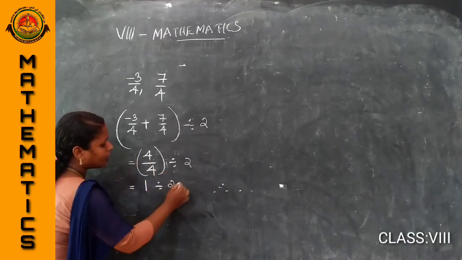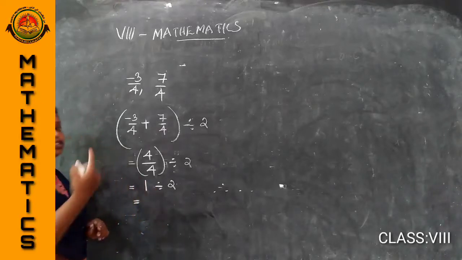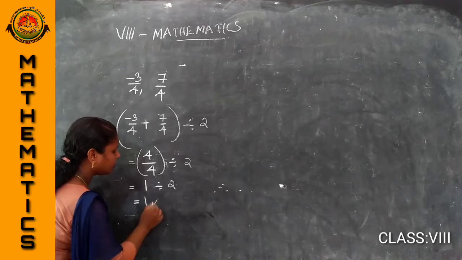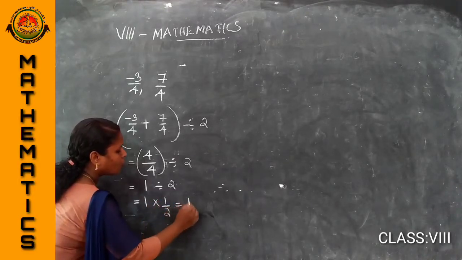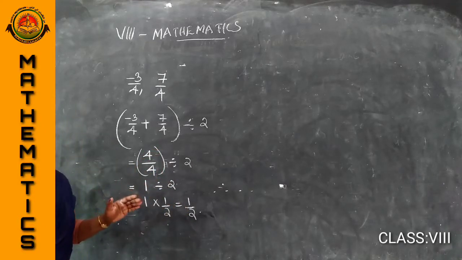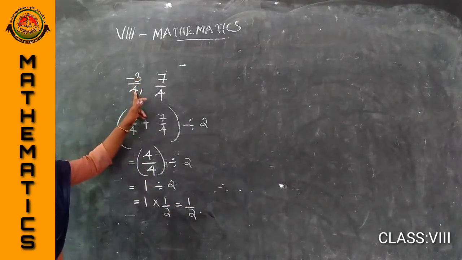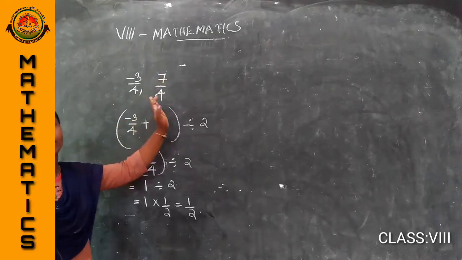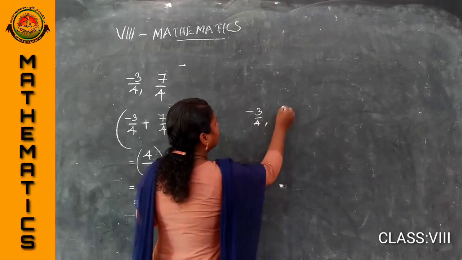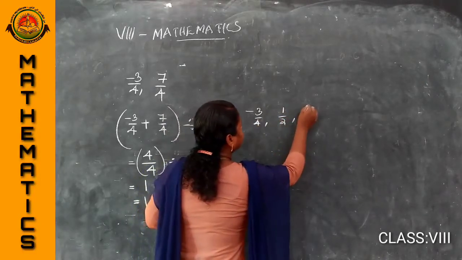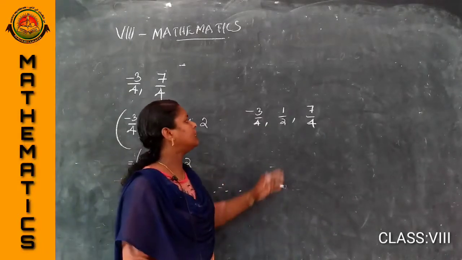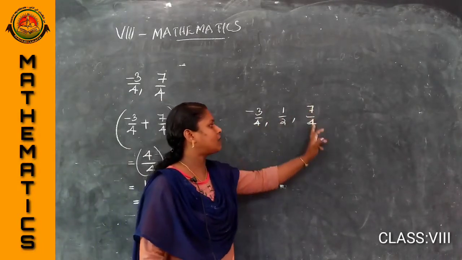Then 1 divided by 2; dividing by 2 means multiplication by its reciprocal, 1 into 1 by 2. So 1 by 2 is a rational number in between negative 3 by 4 and 7 by 4.